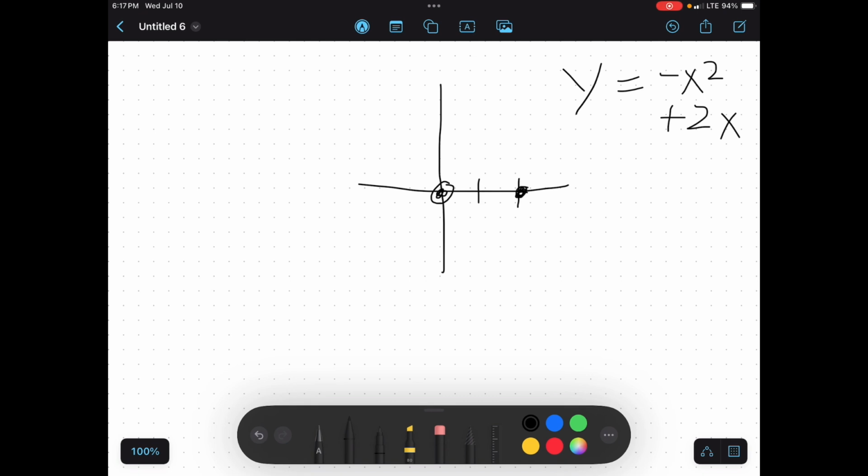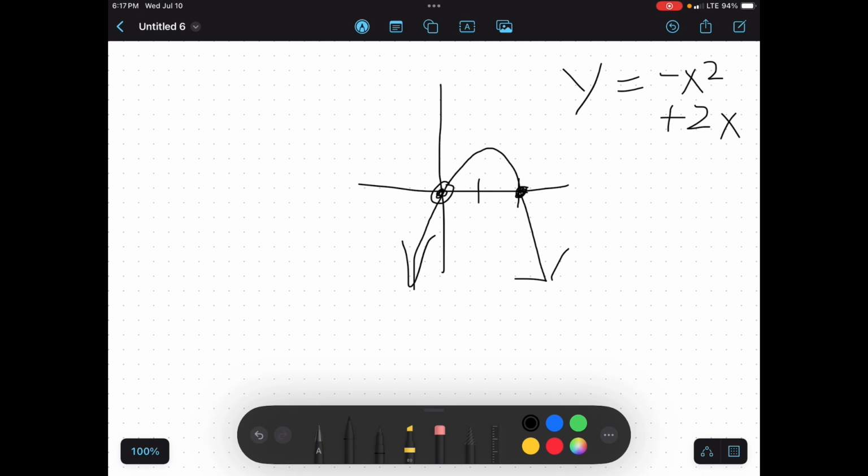These are the roots of our function. Negative x squared plus 2x is a quadratic function with a negative leading coefficient, and therefore it is a downward-facing parabola. And with this sketch, we can see it doesn't make any sense to just take the starting and ending values when dealing with nonlinear functions.